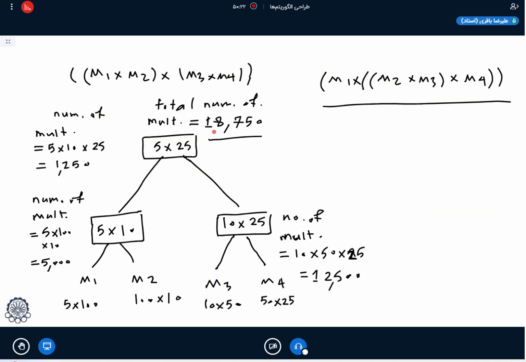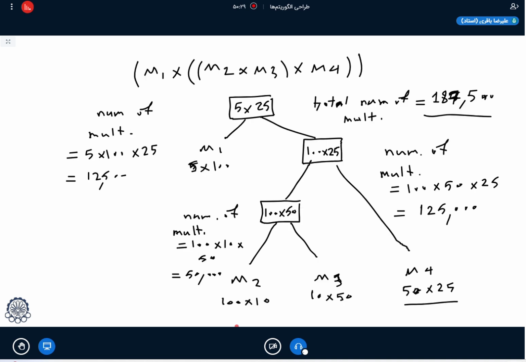The previous one was 18,000. The second one is 180,000. So it is 10 times bigger than the previous one.